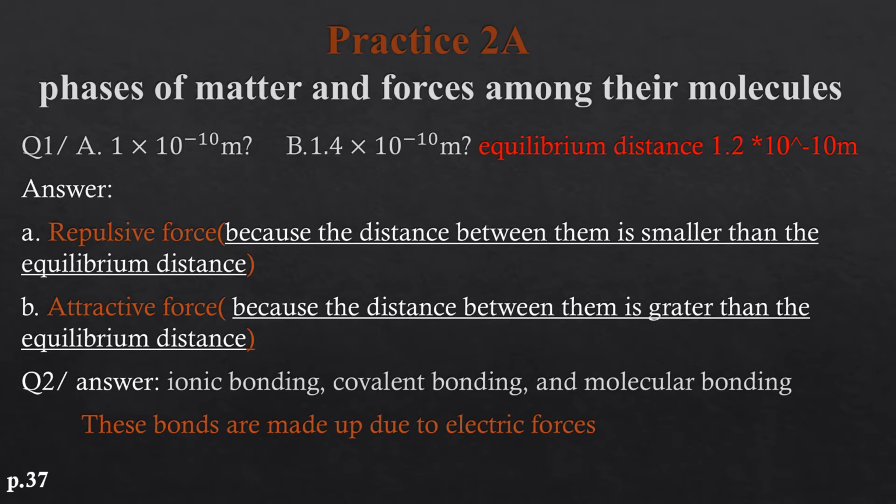Will the interatomic force be an attractive or repulsive one when the distance between atoms is A, 1 times 10 power negative 10 meter, or B, 1.4 times 10 power negative 10 meter? The equilibrium distance must be 1.2 times 10 power negative 10 meter.